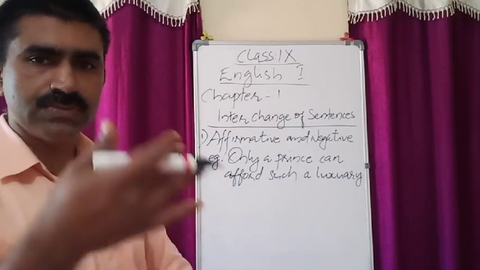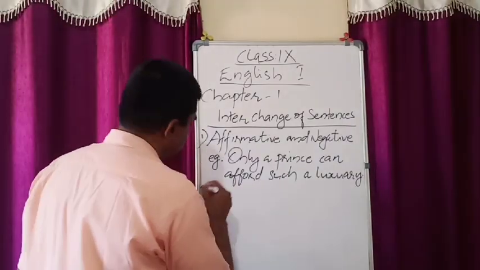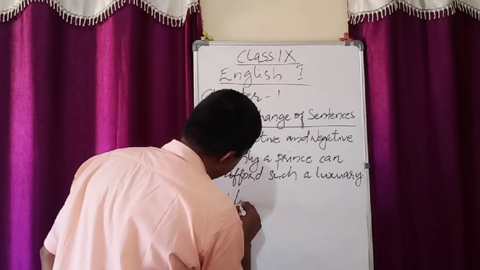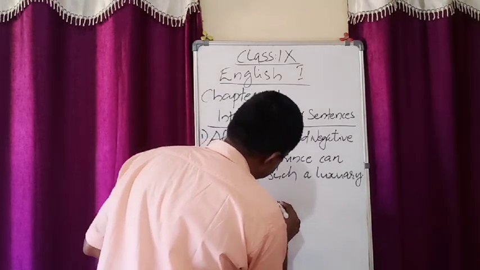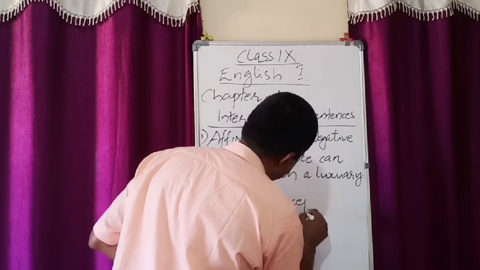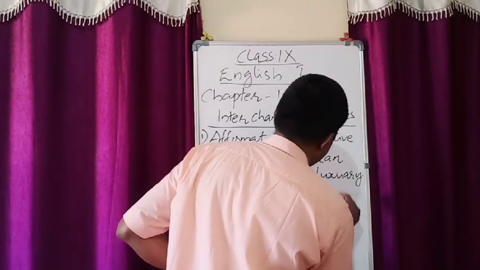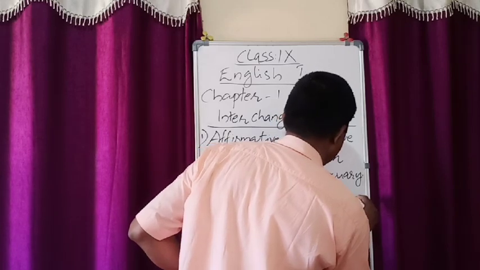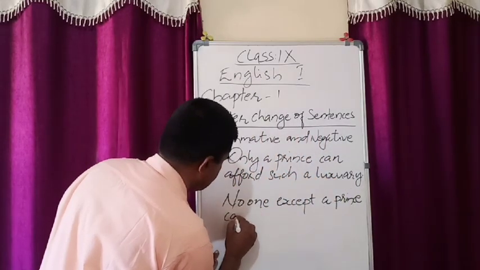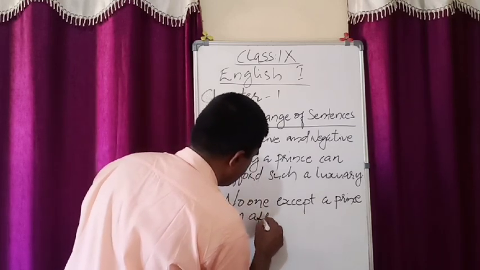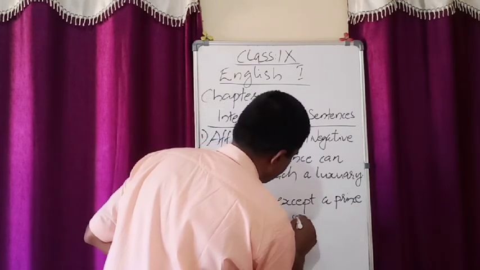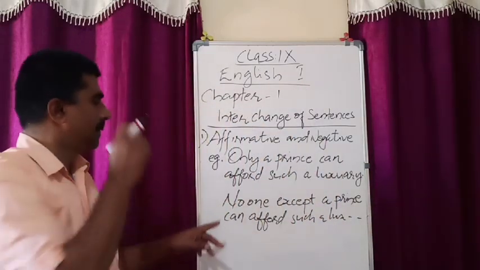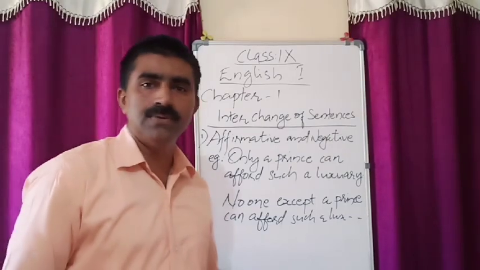When we change this into a negative sentence, we can change it this way: No one except a prince can afford such a luxury.